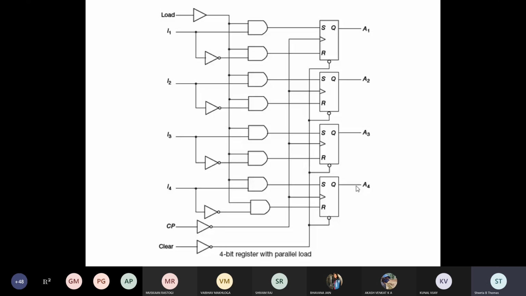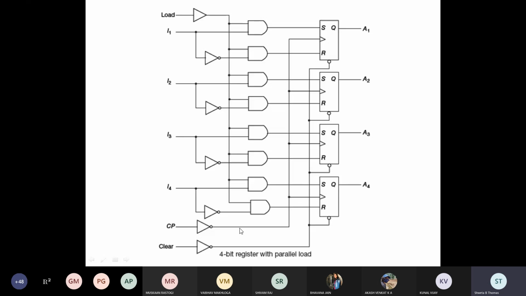Okay. Now, next thing, this time I'm telling you the difference point by point. If you have any doubt, any confusion, you can ask. Next, here the clock pulse input is given with the help of an inverter. That means your flip-flop will work with the negative edge of the clock pulse.